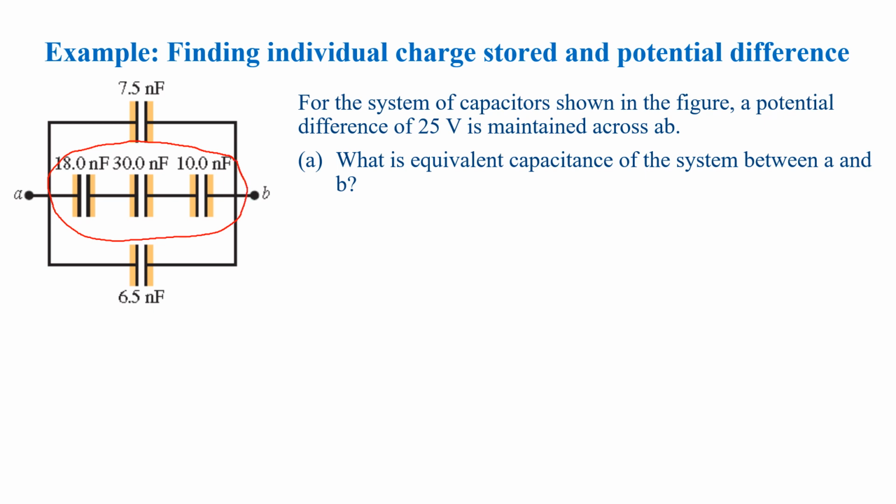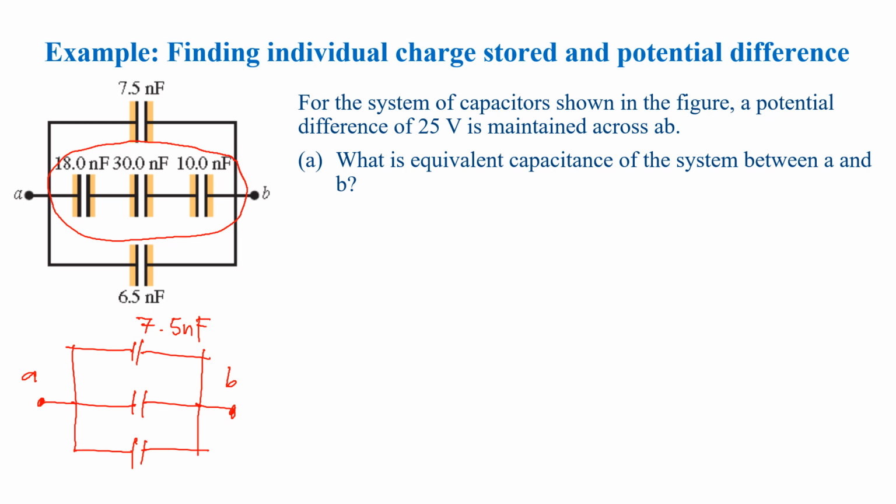Okay, let's just redraw it. So this is your points A and B, and then this is your 7.5 nanofarad capacitor. We have here your 6.5 nanofarad capacitor, and then this one we'll call your C prime.